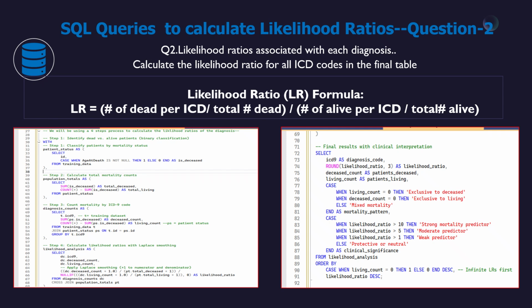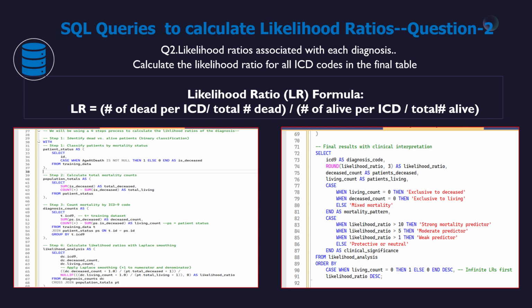You sum patient status is_deceased as disease count, and then you count that just like the formula in the second step. You do the same thing from the training data set, and then you join it through their common column name, which is ID.